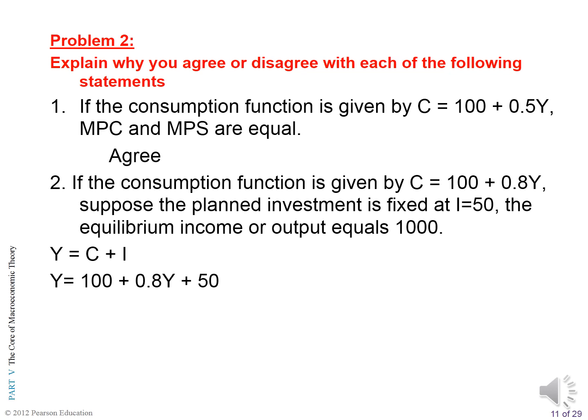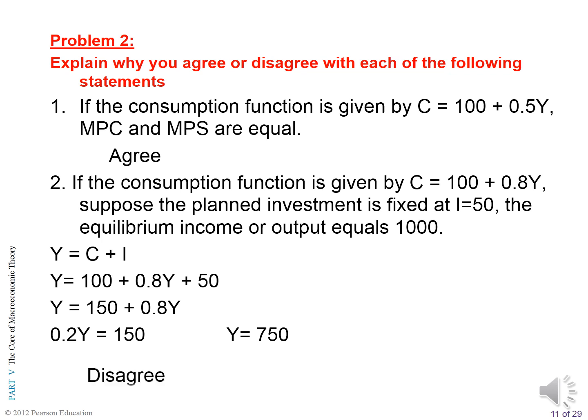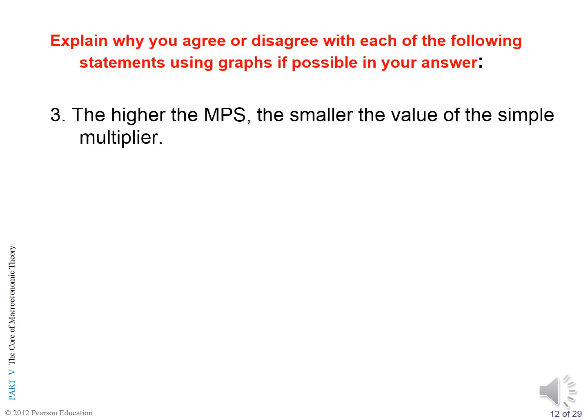Move 0.8Y over there, so 1 minus 0.8 gives 0.2Y equals 150. So Y equals 750, not 1000. So disagree.